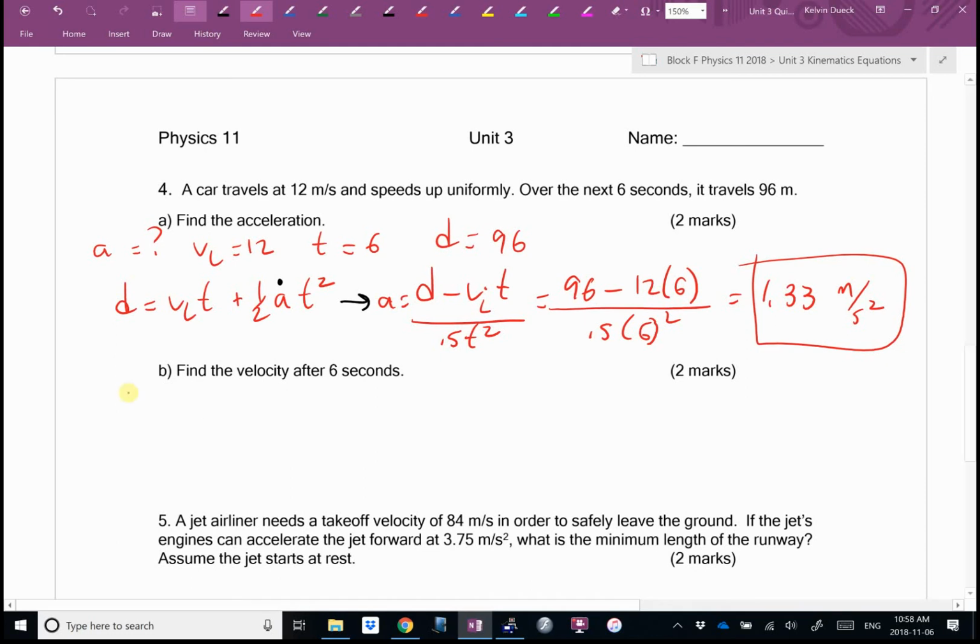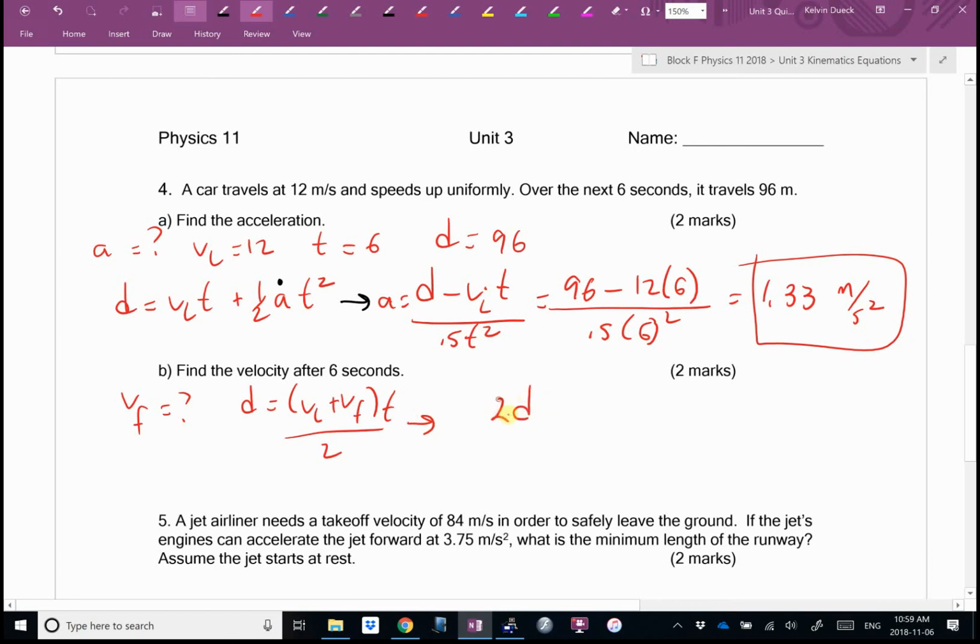V final. Oh, I want to use that acceleration and just go VF equals VI plus AT. And if you did that, you're fine. But I'm guessing most of you used this equation. And if I get the VF by itself, the D drops down like a domino.